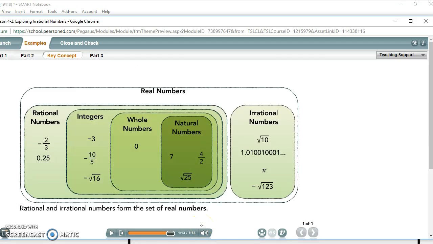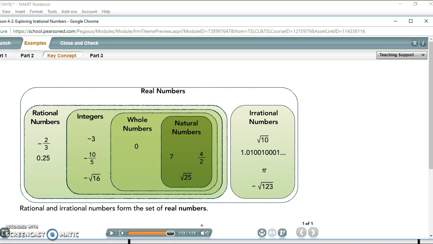So when we think about our number system, let's start with our smallest set, which would be our natural numbers, our counting numbers. Like I said, those are the numbers that you learned in preschool. 1, 2, 3, 4, 5, 6, 7, 8, 9, 10. But you'll notice that I don't have to represent them in counting number form.